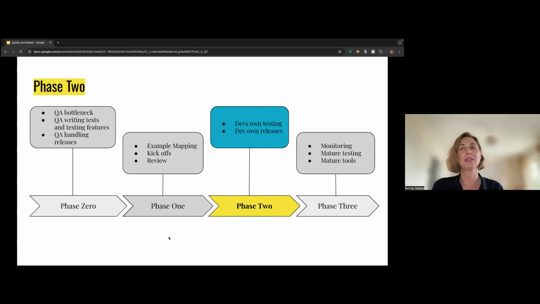In phase 2, we had a shifting of ownership for testing more to developers. Once they have already passed phase 1, they have more understanding, and we're always trying to work together and coach them on testing and other things that make their development successful. And we also tried to hand over more releases to developers, right?